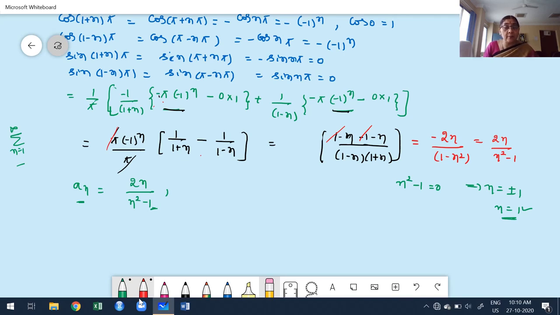This thing happens only when the function has trigonometric functions, sin or cos, where we apply the transformation formula. Once you apply the transformation formula, we get denominators like n square minus 1, n square minus 4. Now the corresponding value of n is not defined. Please take care whenever the given function has trigonometric functions and you apply the transformation formula.